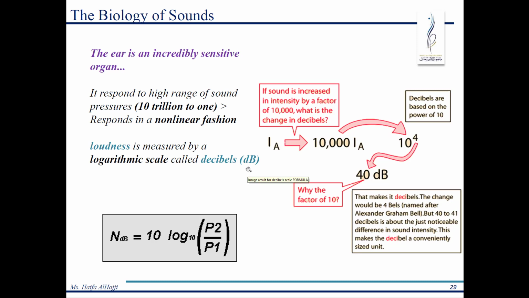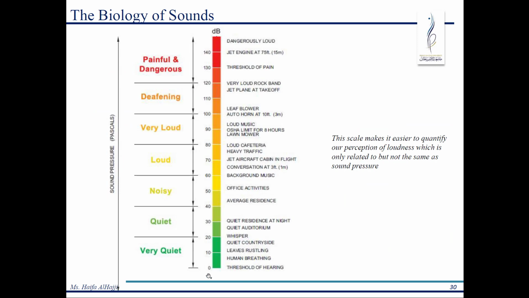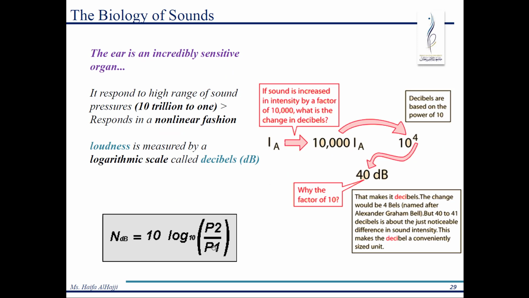So for us as humans to create this scale that would start from 0, we said, okay, the lowest pressure we can hear is considered 0. It's not actually zero pressure. It doesn't mean there's no sound in here. There is sound, but this is the lowest sound a person can hear or be sensitive to. So P1 is the lowest pressure I'm sensitive to, and P2 is the sound you want to measure in decibels, its loudness.